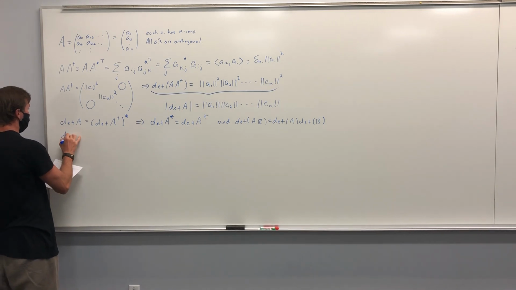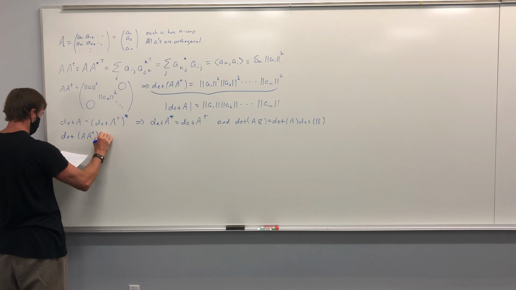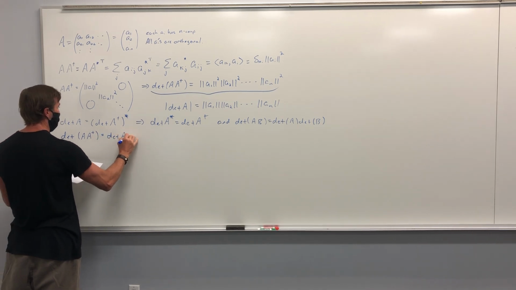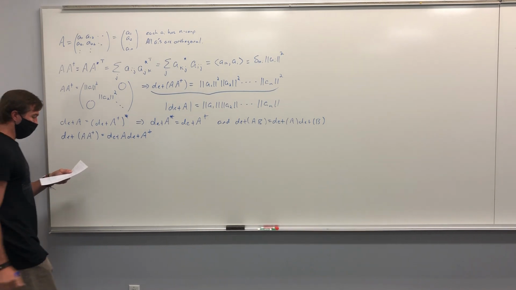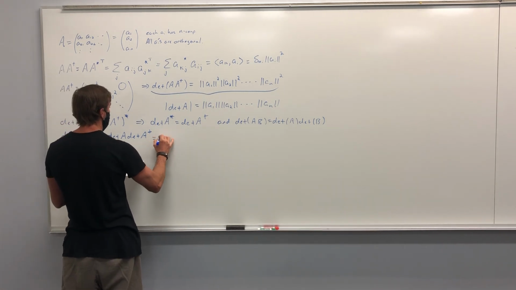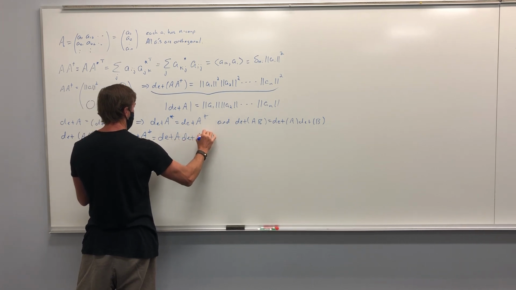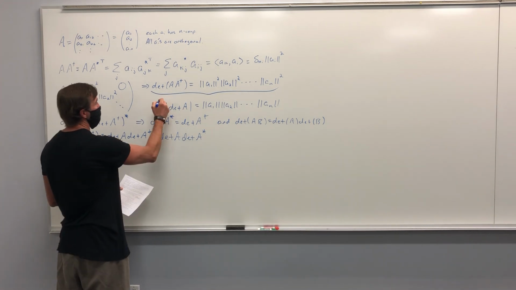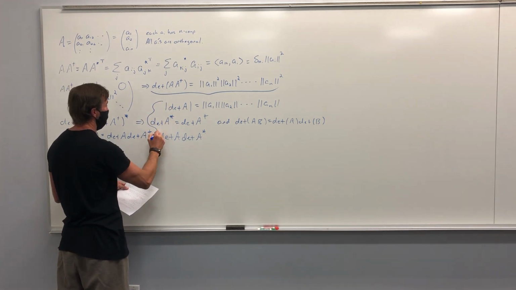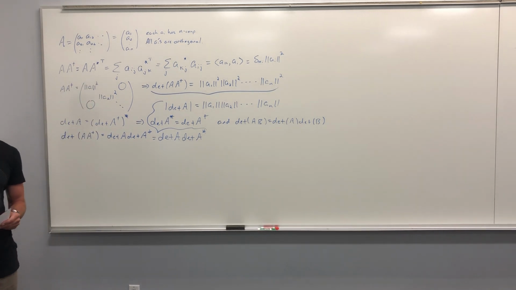So together these will tell us that the determinant of A dagger A is the determinant of A times the determinant of A dagger. But that means that this is the determinant of A times the determinant of A star. But that's what this is.